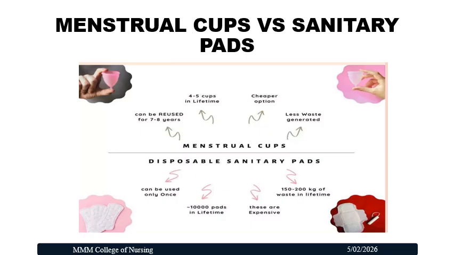These are the advantages of the menstrual cup. Whereas disposable sanitary pads can be used only once. 10,000 pads in a lifetime we are using. These are expensive and 150 to 200 kg of waste in a lifetime. It may lead to environmental impacts.